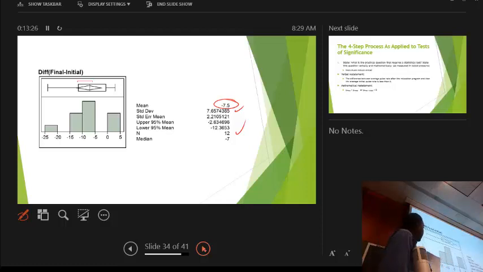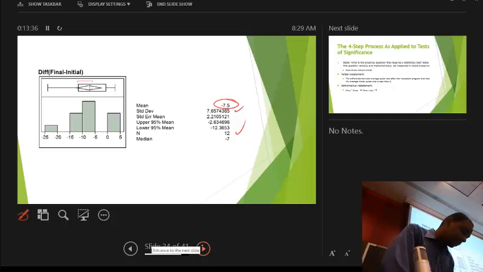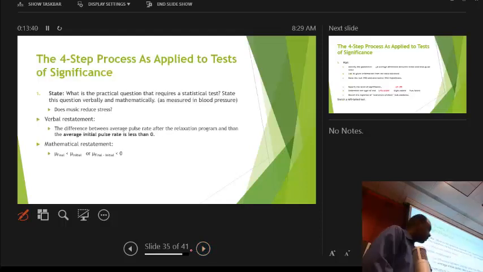Okay, so then in this case, we're gonna go ahead and go through the process. The question is this: what is the practical question that requires a statistical test? State this verbally and mathematically. So the question is, does music reduce stress?